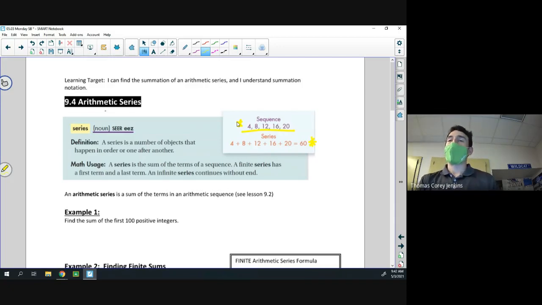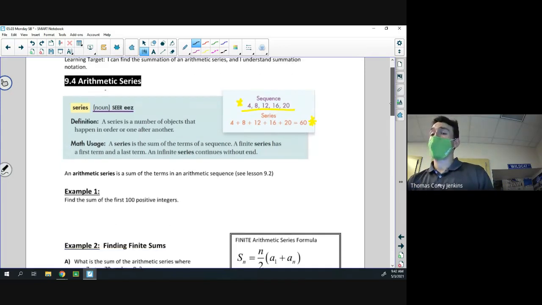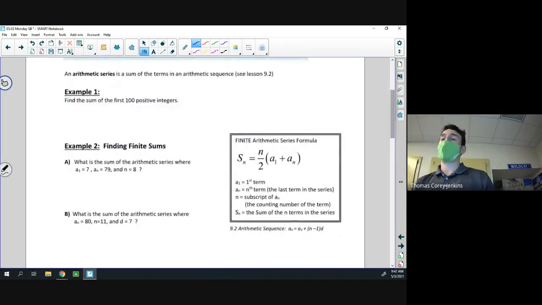We're going to look at some different things that happen when we try to find such summations. Like example 1, what if I asked you to find the sum of the first 100 positive integers?